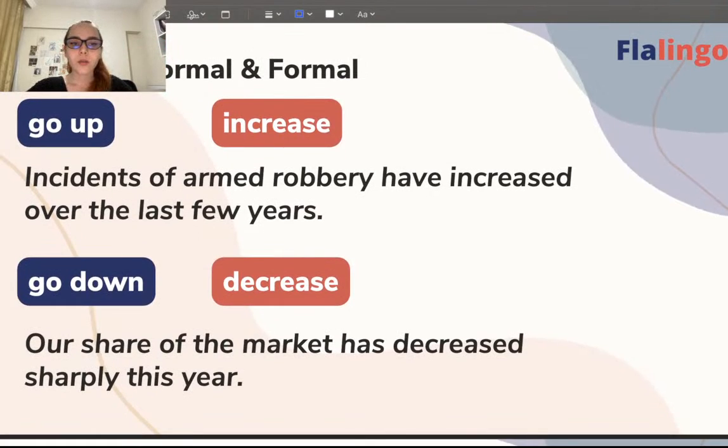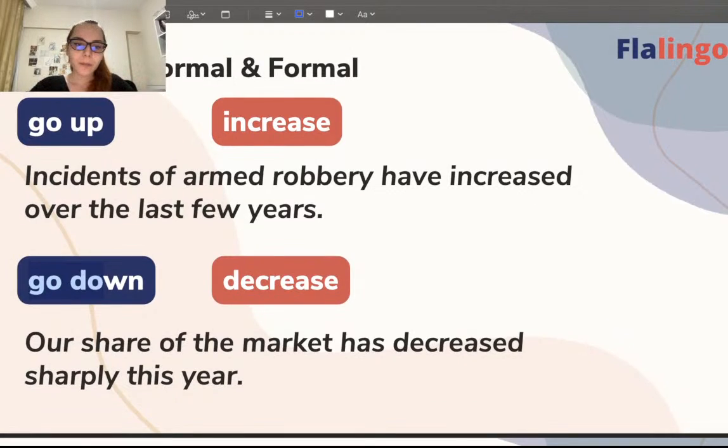Okay, so as we all know, we're using increase and decrease for going up and going down. By going up, I'm not meaning physically going up, but developing something, or maybe we're talking about an amount, an entity. It could be about money, it could be about non physical things as well.